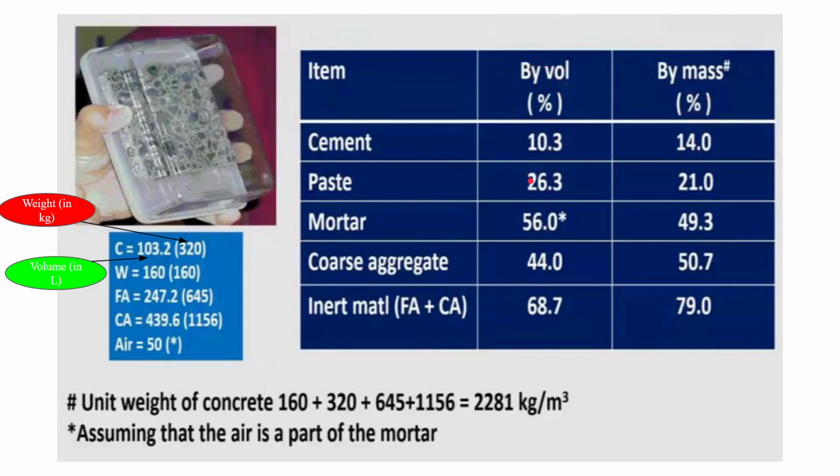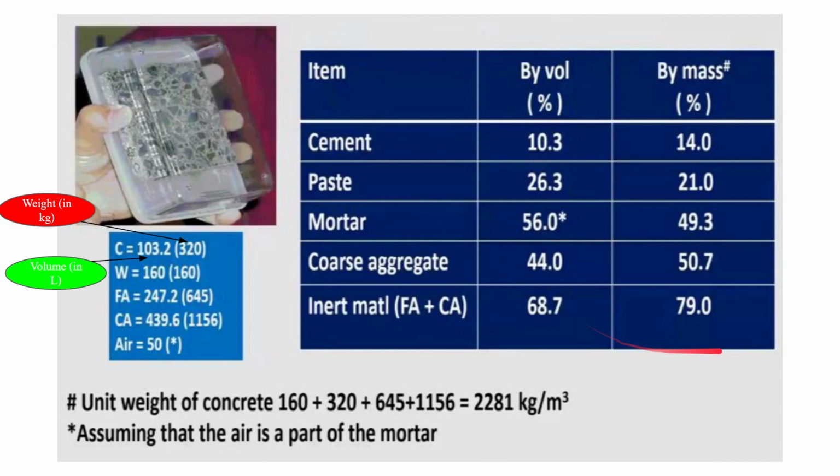Sand, on the other hand, consisted of 26% by volume and 21% by mass. Mortar was almost half, 56 and 49, and in mortar they have considered the air as well. The coarse aggregate considered around 44 and 50, and the inert materials around 70 to 80%.